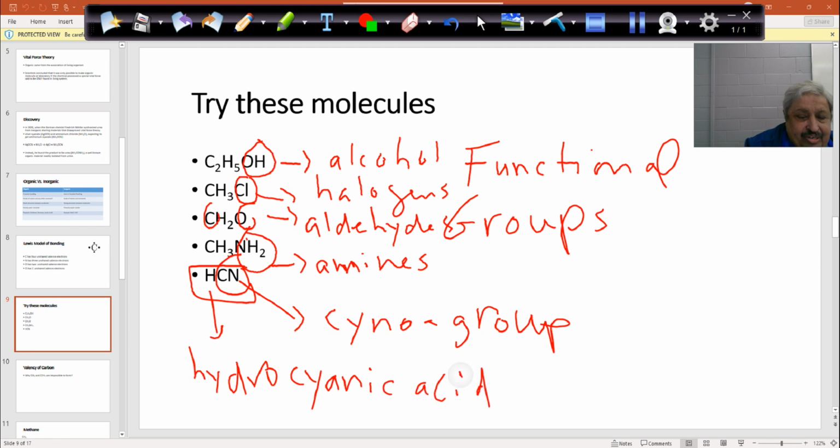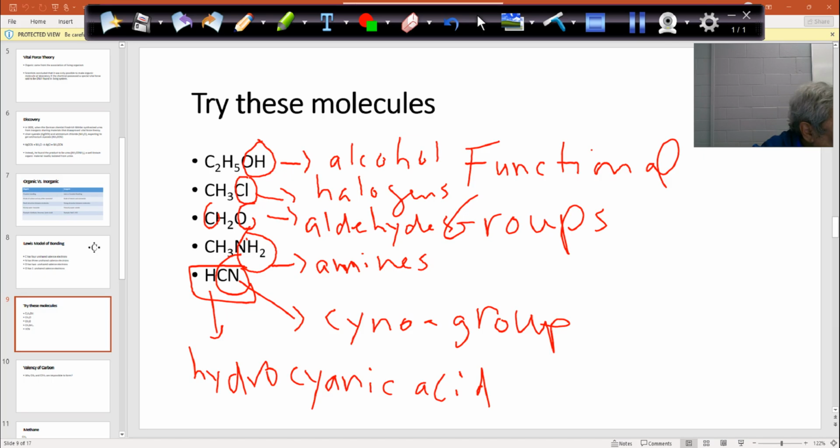It has a commercial name called blue acid. Blue acid, hydrocyanic acid. A couple of drops of this can put a big body, such as an elephant, down within a few minutes, one or two minutes. If you put something in the drink of that big elephant, it will go down.